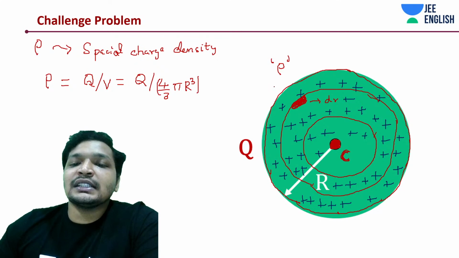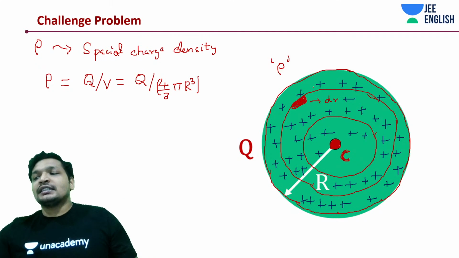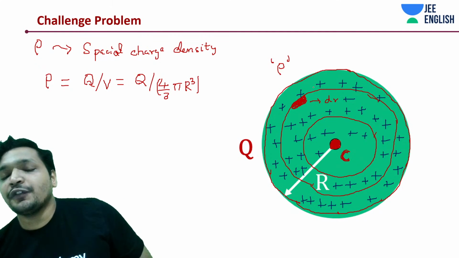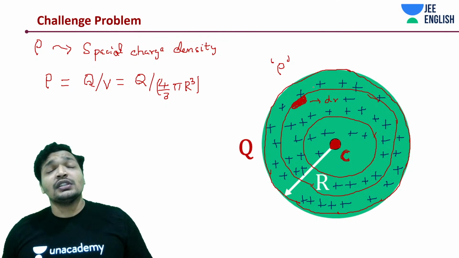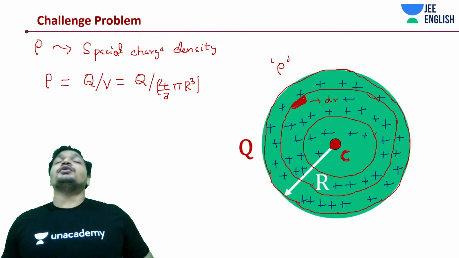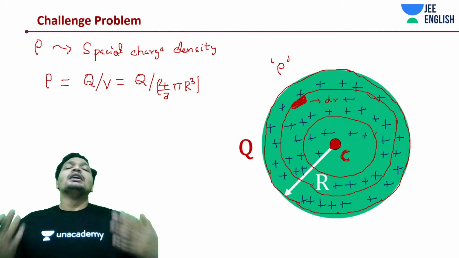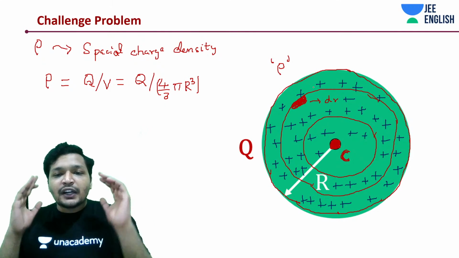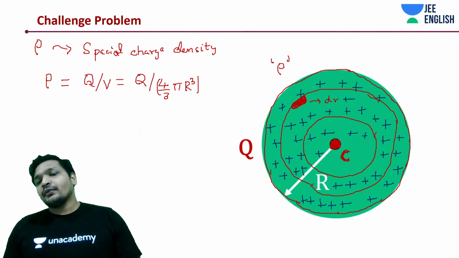You need to understand every single point. It's a uniform charge distribution. If it was a non-uniform charge distribution, the value of rho will be given to you in the exam.